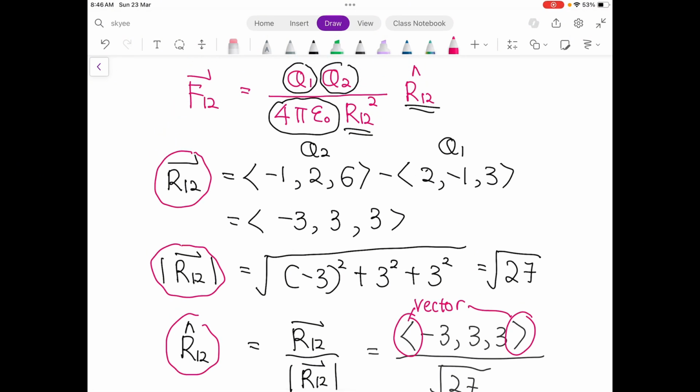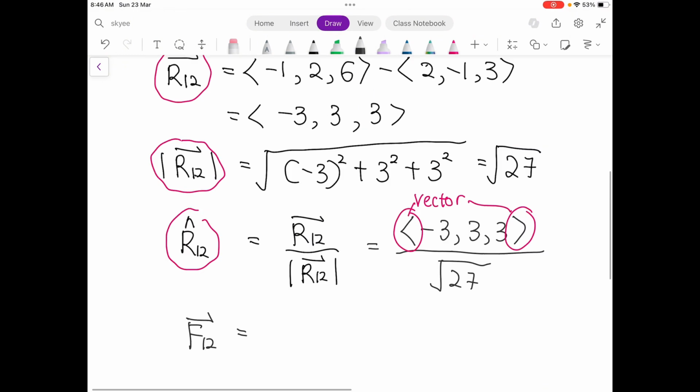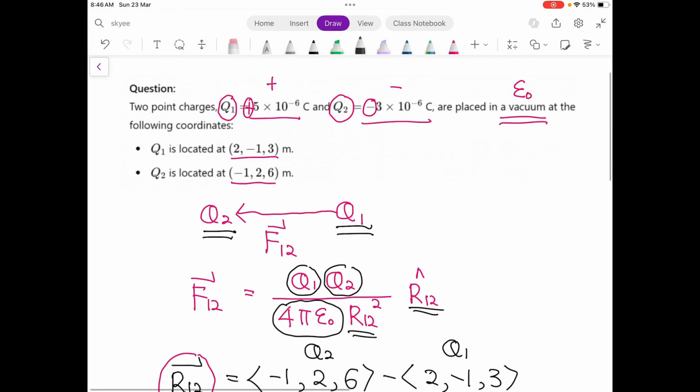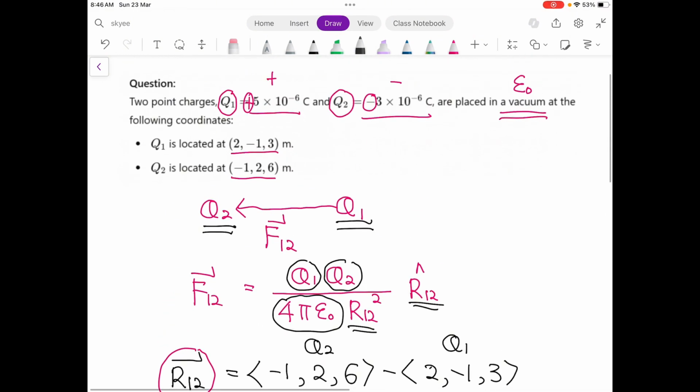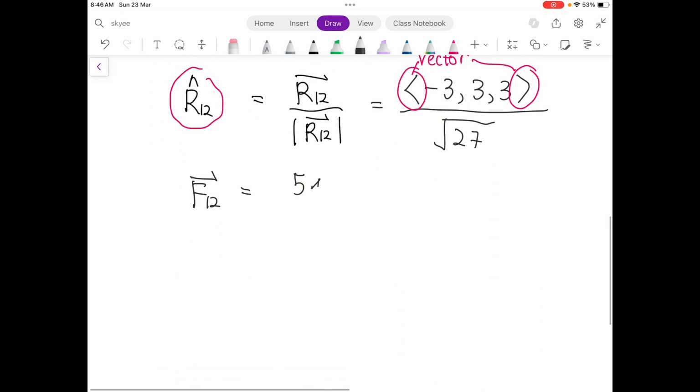You need to plug these into your formula for F12. The values are 5 micro multiplied by negative 3 micro. You have to insert a negative because it represents that this is a negative charge.